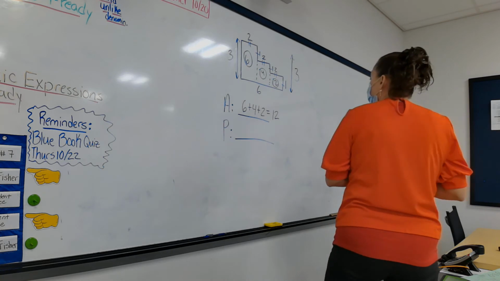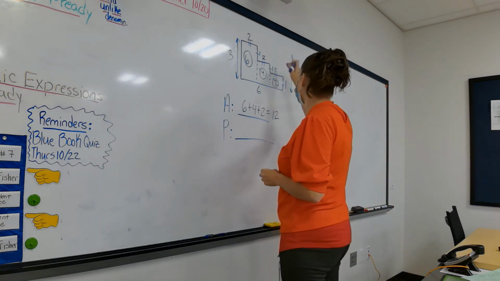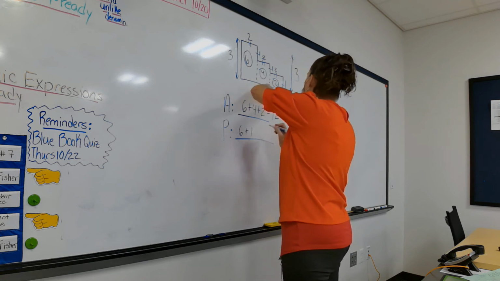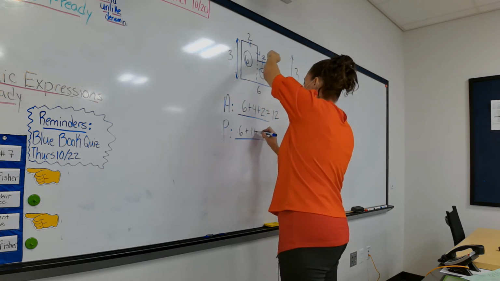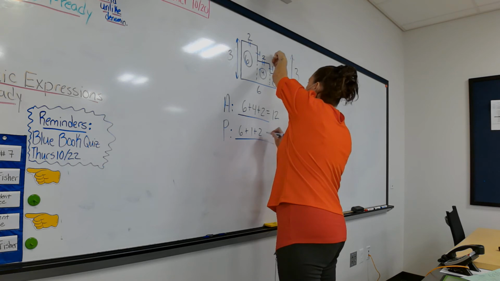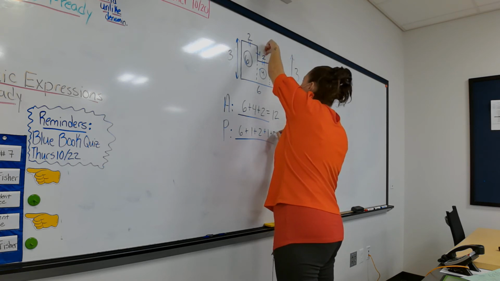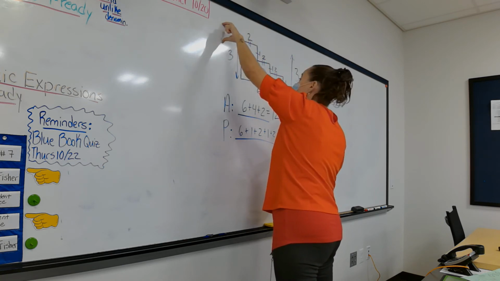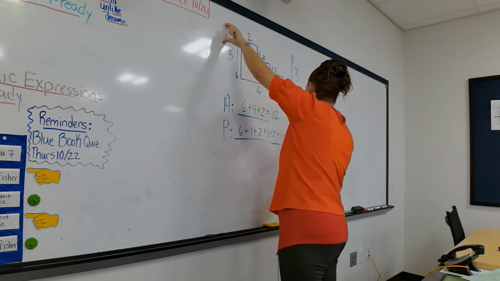Now for the perimeter, you would have had to do the whole walk around. So I would have done 6 plus 1 plus 2 plus 1 plus 2 plus 1 plus 2 plus 3.